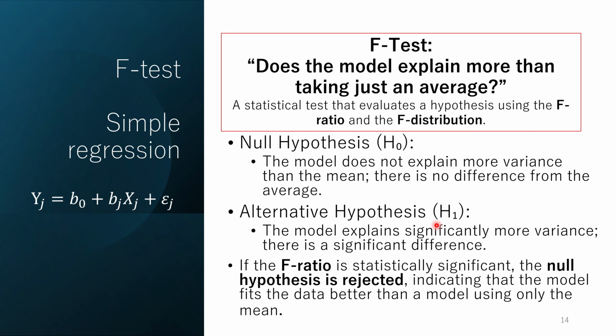Alternative hypothesis H1 is the model does explain more variance. If the F ratio is statistically significant, we can reject H0, the null hypothesis. That means the regression line fits the data better than the intercept-only model that uses just the average. That is the meaning of the F-test in the simple regression case.